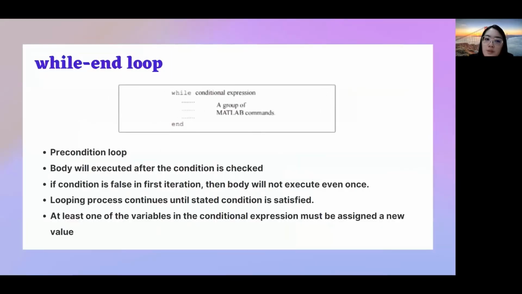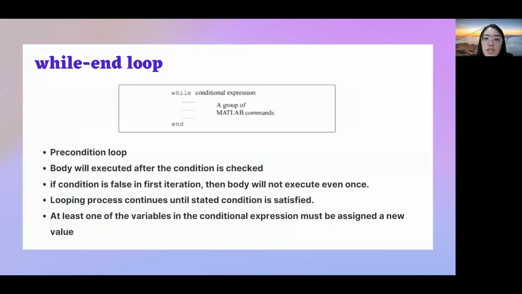The while loop is a type of loop also, and it is a preconditioned loop, which means that the body in the loop will execute after the condition is checked. So if the condition is false in the first iteration, the body will not execute even once. The looping process will continue until the stated condition is satisfied.